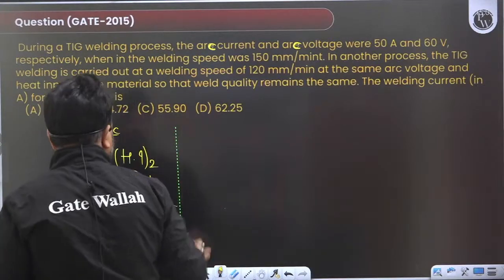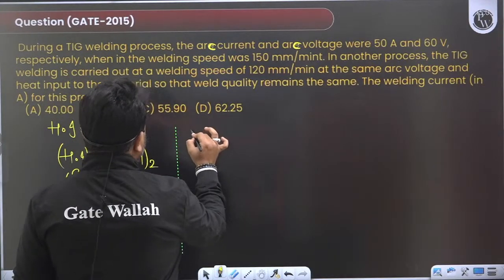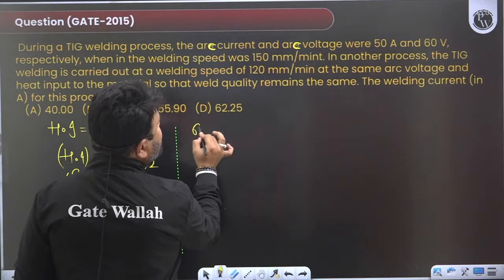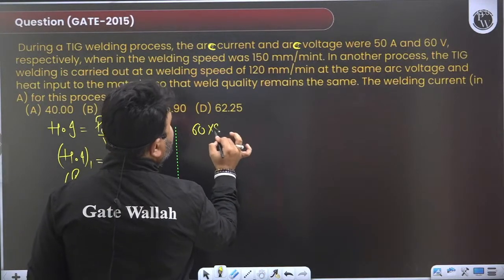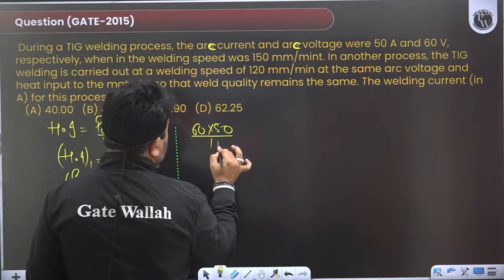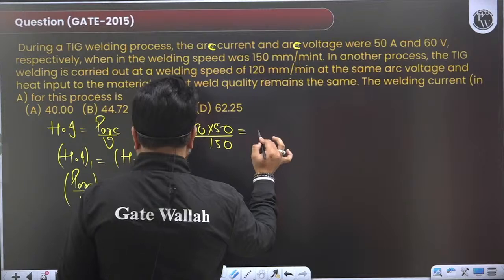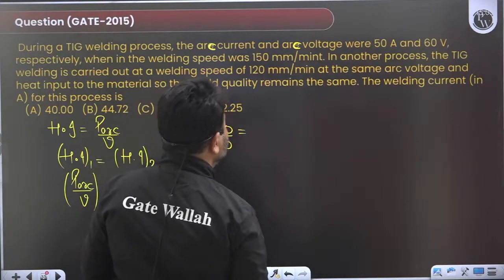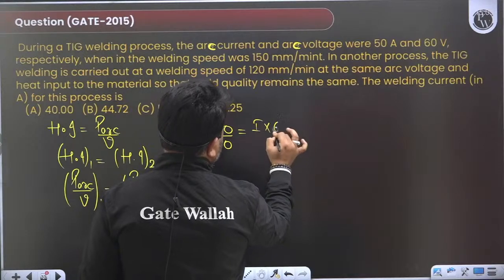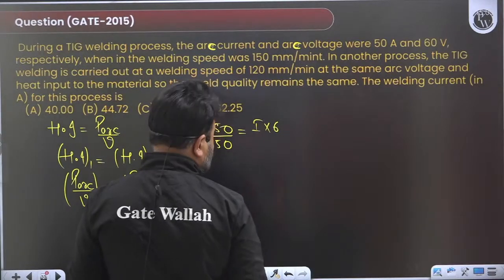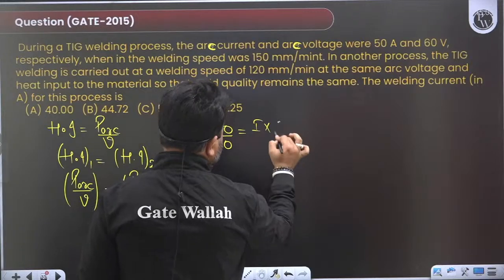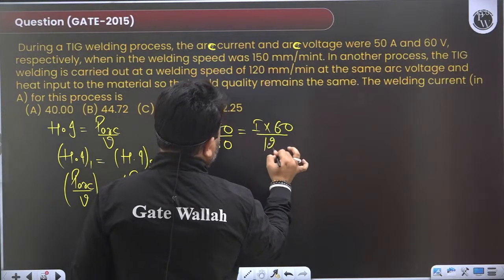Here, what is arc power? That is the voltage 60 into current 50, divided by welding velocity 150, equal to, now the same voltage, the voltage is same, and this 120.